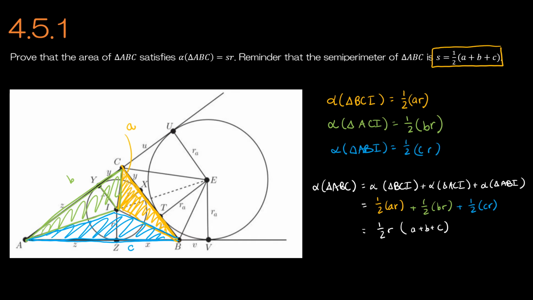Now, we're going to go back up to where the semi-perimeter is equal to 1/2 a plus b plus c. So if I change the order to make it a little more clear, this is r times 1/2 instead of 1/2 r. I can replace this with s. So I have just proved that the area of triangle ABC is equal to sr.